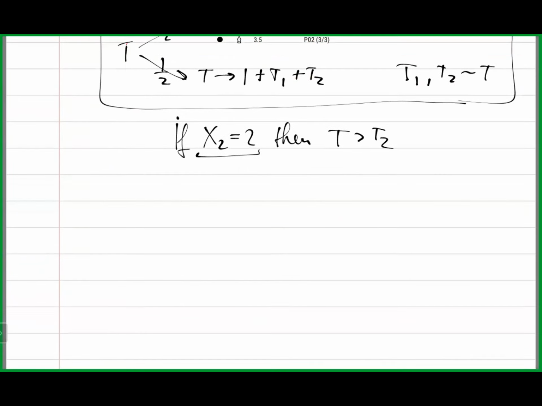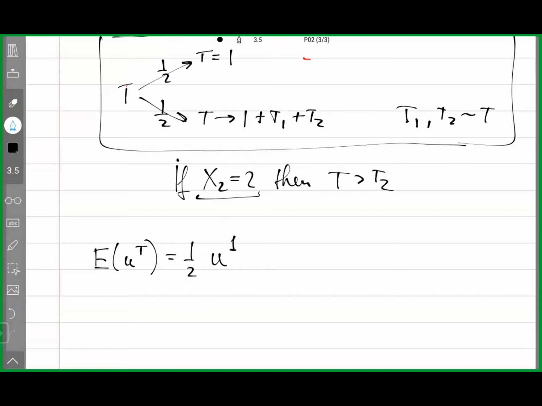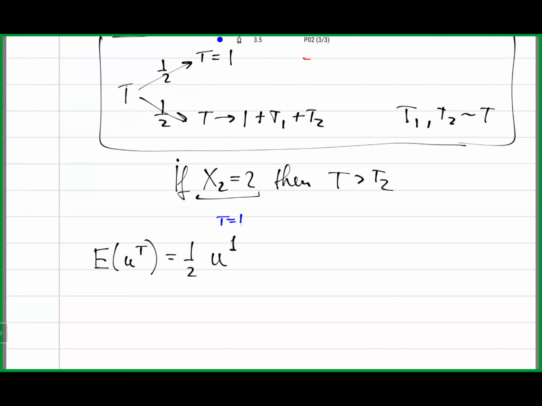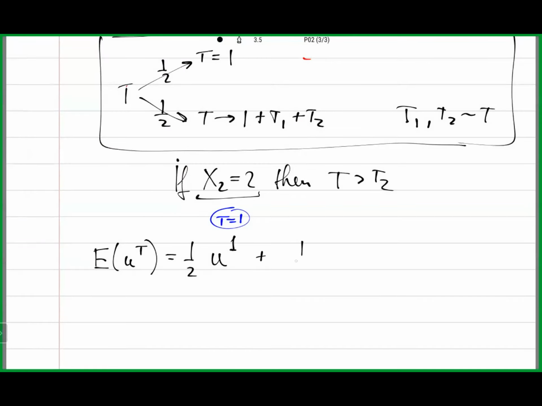Okay, now let's move on to the equation. Let's calculate the expected value of u to the power t. With probability 1/2, we have u to the power 1, so t is equal to 1. That is the first case. Plus, with probability 1/2, we shall replace t by 1 plus t1 plus t2, and these t1 and t2 have the same distribution as t.